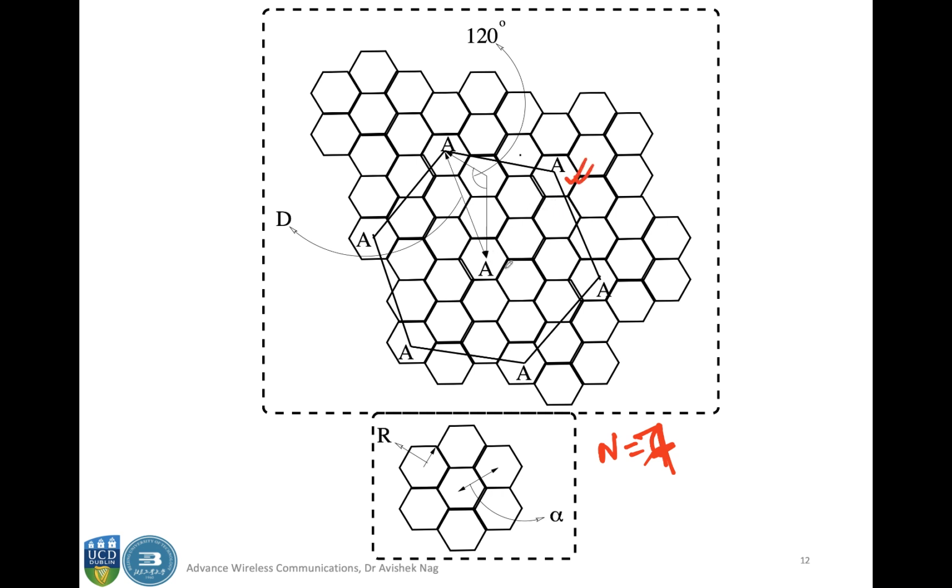You call the center cell as A. Then you have the same corresponding cell here, A, and A. If you draw a large hexagon that connects the centers of these co-channel cells, then the radius of this large hexagon is D, and the radius of the small hexagons is R. The adjacent cell distances are called alpha here, which is same as small d that we introduced previously.